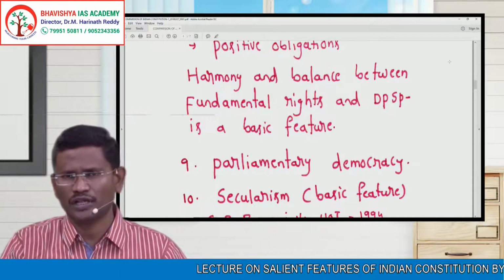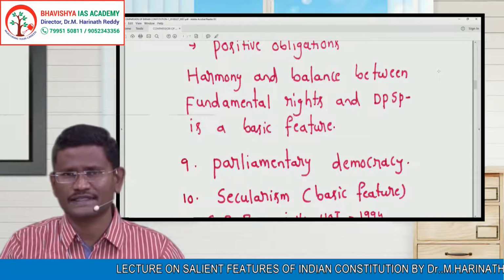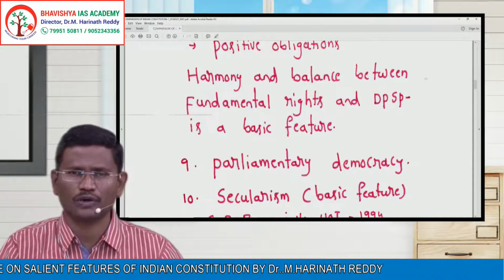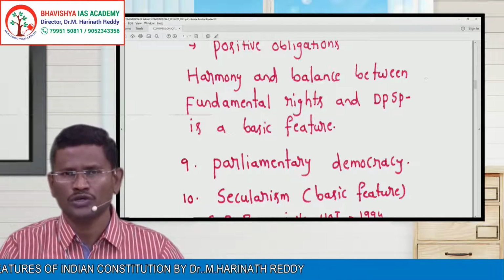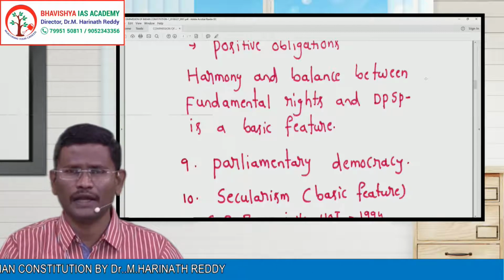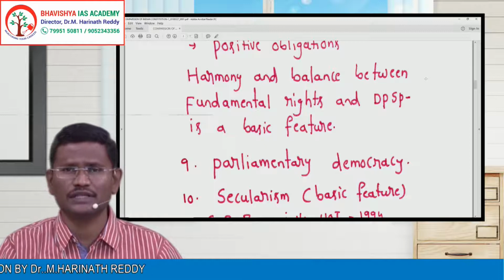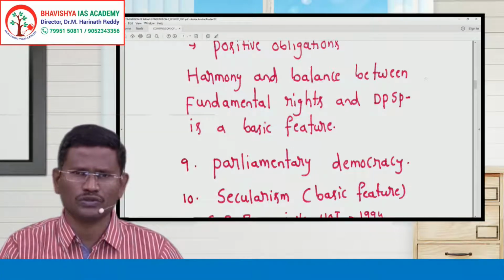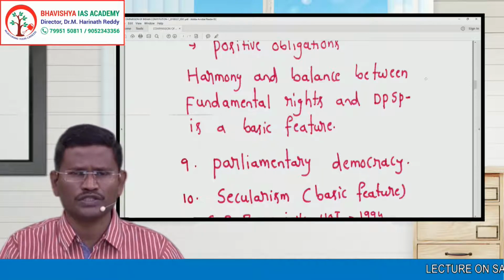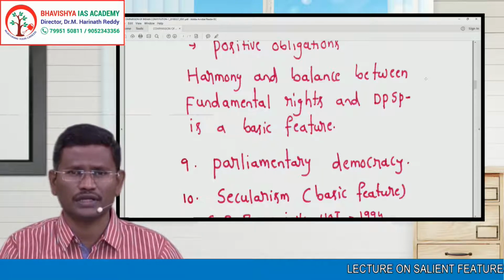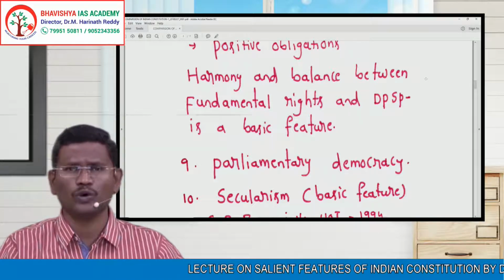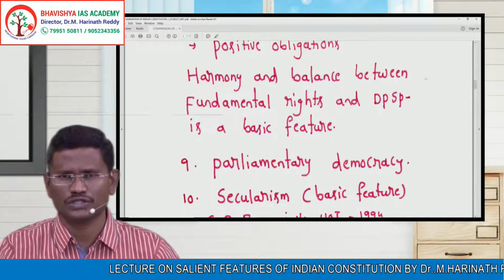So the merit of presidential democracy is the stability of the executive branch. But the merit of parliamentary democracy is accountability. So we have to choose between stability and accountability. Finally the framers of the Indian Constitution felt that accountability is much more important than stability. So we chose parliamentary democracy because it is more accountable, if not more stable.